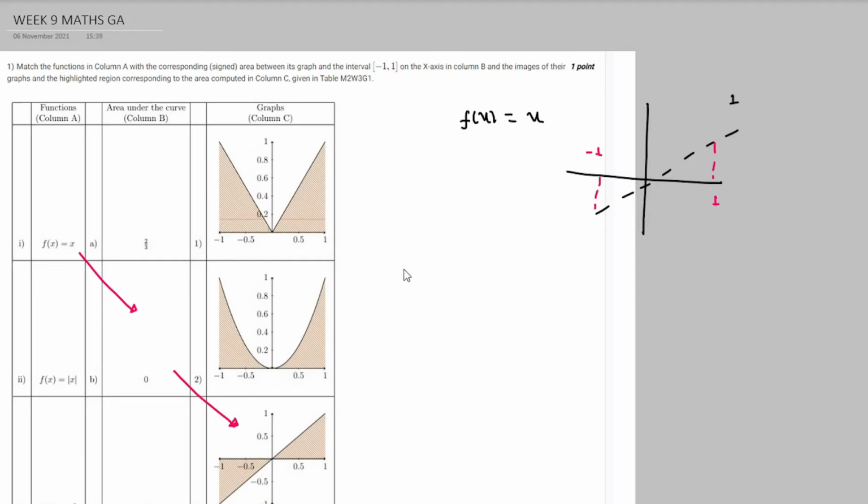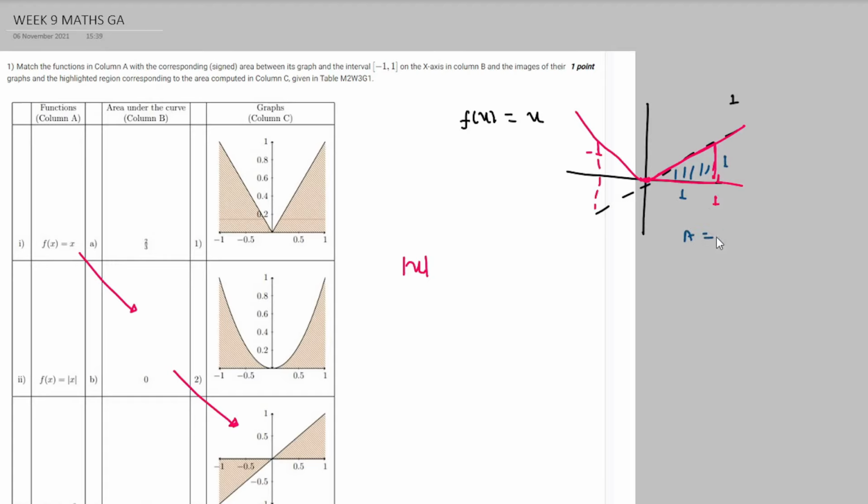Now the second function is mod x. So for mod x, the graph is like this one, and it is defined from -1 to 1. So it is symmetric about the y-axis. Let us compute the area of this triangle. This is 1 unit as well as this one is 1 unit.